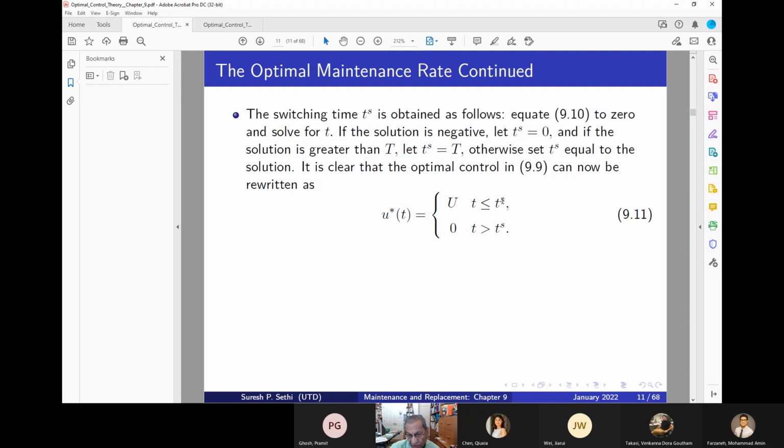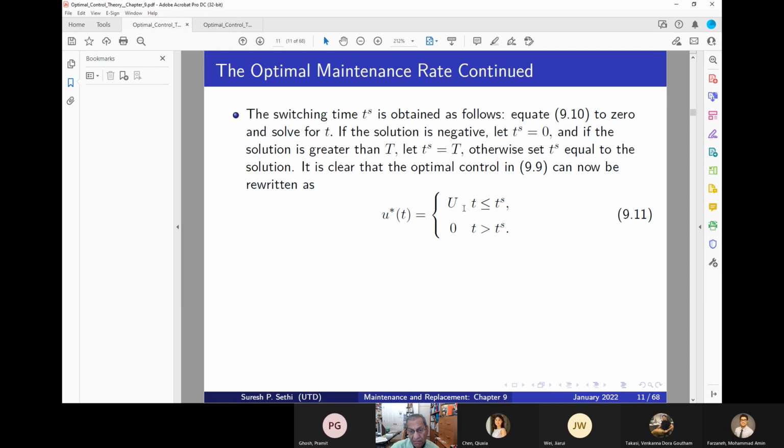Okay, so when Ts equals 0, the solution is 0 all the way. The other case is when the solution is greater than big T. If it's greater than big T, the machine only goes up to T, so we set Ts equal to T. And if you set Ts equal to T, then by this formula, the machine is going to be maintained at a large value of U for the entire time interval.